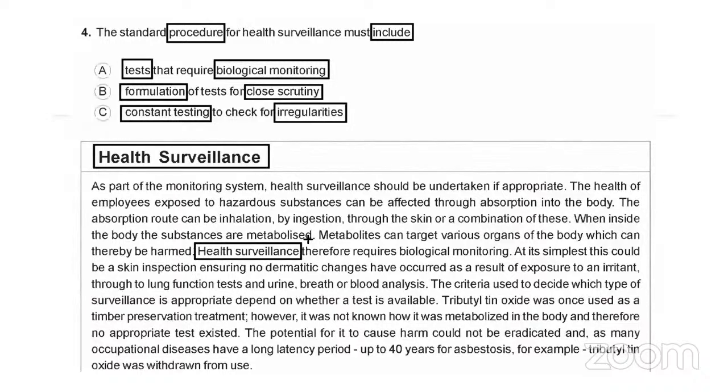When inside the body, the substances are metabolized. Metabolites can target various organs of the body which can thereby be harmed. Health surveillance, therefore, requires biological monitoring.